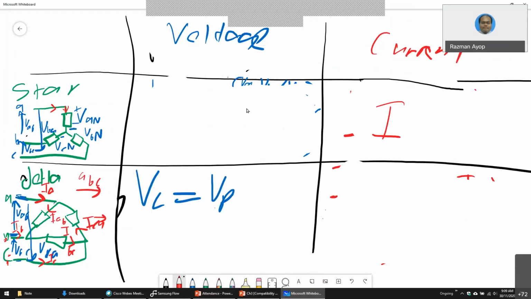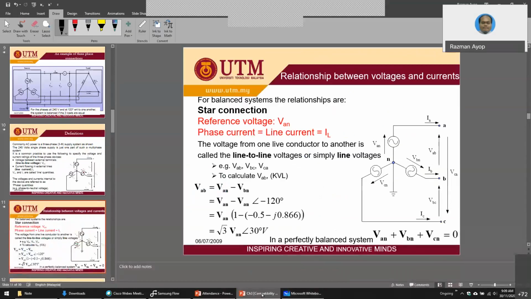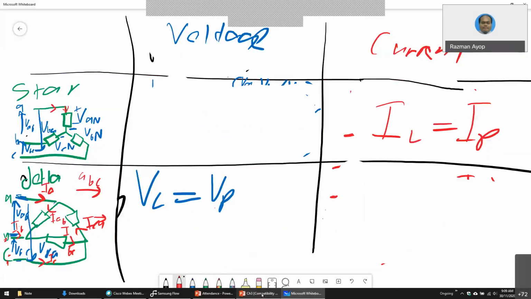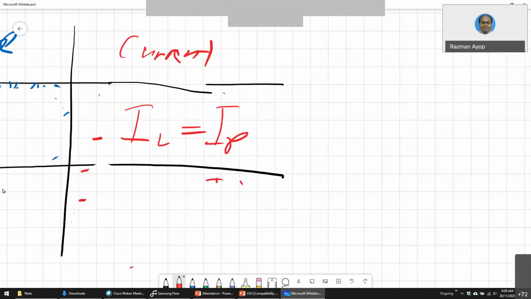I line is equal to I phase. Okay, the important part is, for your course, you only see balanced load. Okay, let me move here.